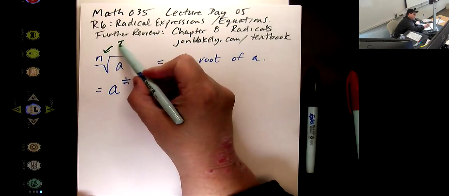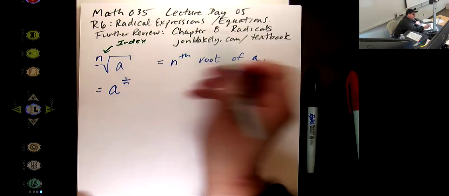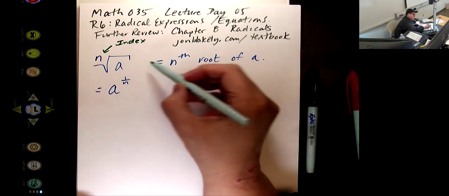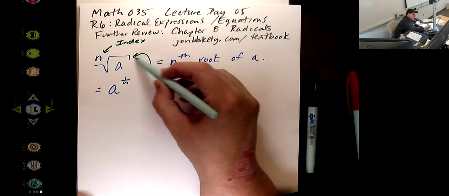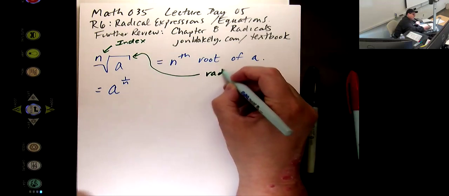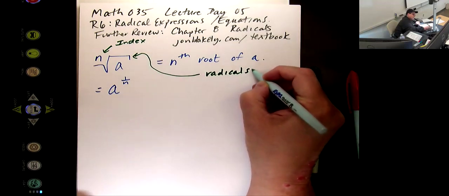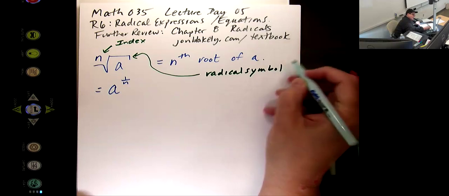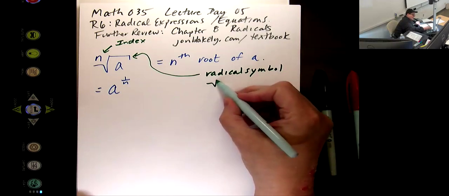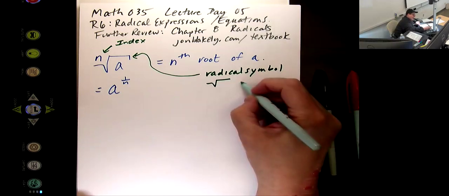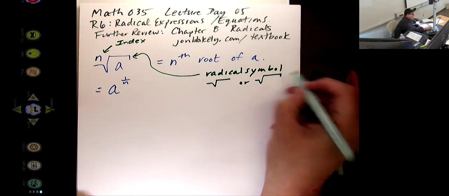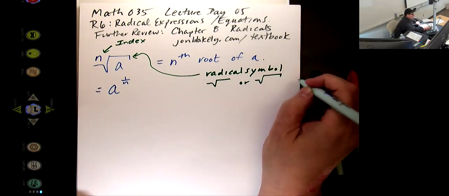That is called the index. Our great little radical symbol is called the radical symbol. And the traditional one is like that. I like having the little tail at the end because it shows you where the radical sign ends.